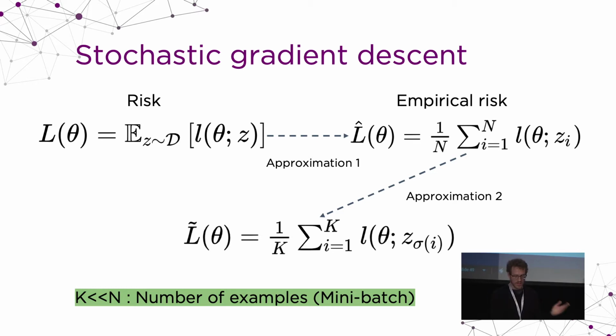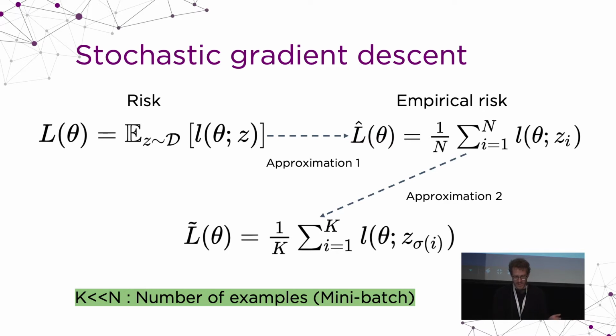A mini batch would typically be between 10 and 500 or 1,000 examples. It depends on how many examples you can load on the GPU. So it's the idea of mini batch and stochastic gradient descent.